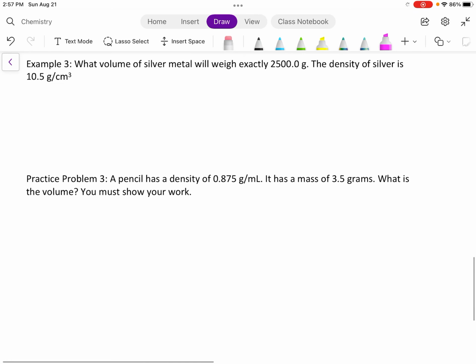Okay, example number 3. This time, it says what volume of silver metal will weigh exactly 2,500 grams. The density of silver is 10.5 grams per centimeter. So again, our formula is density equals mass divided by volume.